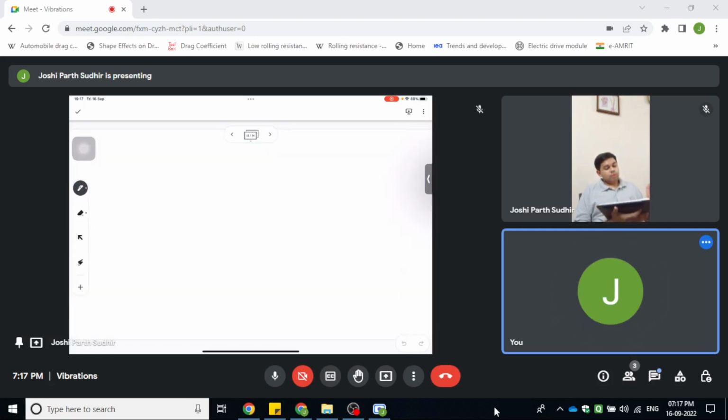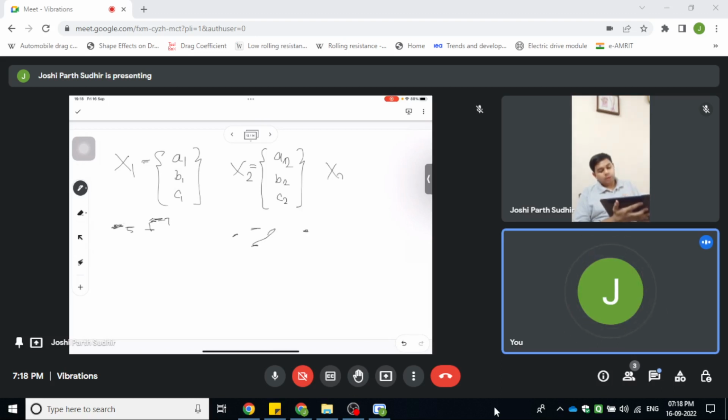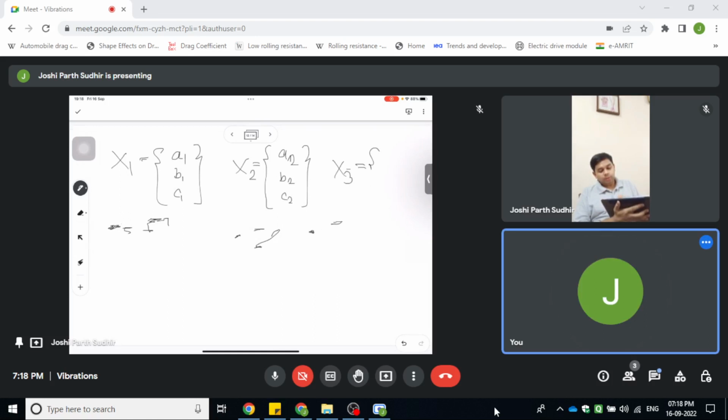And so x1 will be some vector, say a1, b1, c1, x2 is basically a2, b2, c2, and x3 is, let's say, a3, b3, c3. So these are the eigenvectors, or basically the mode shapes.